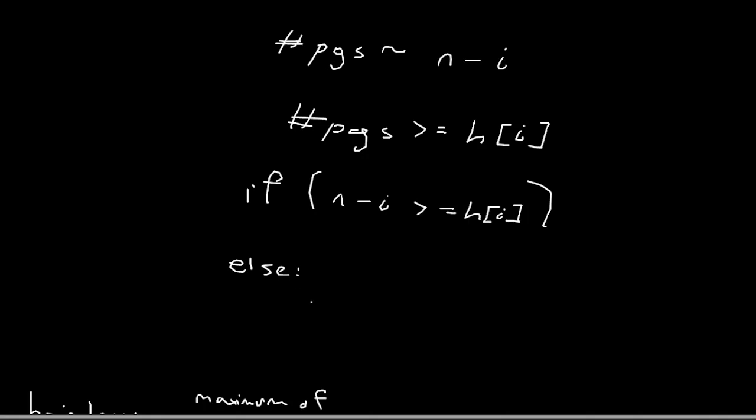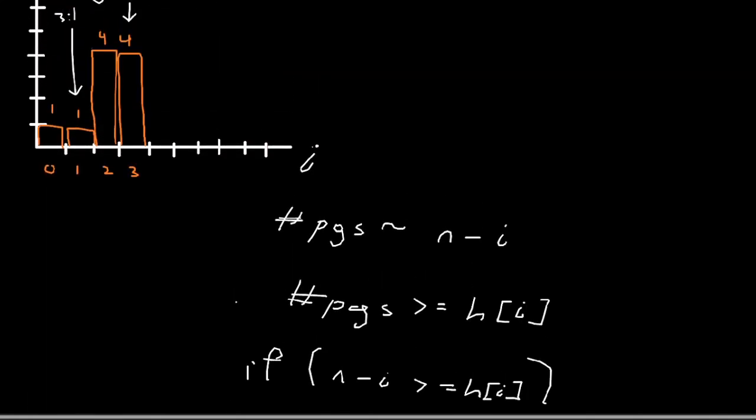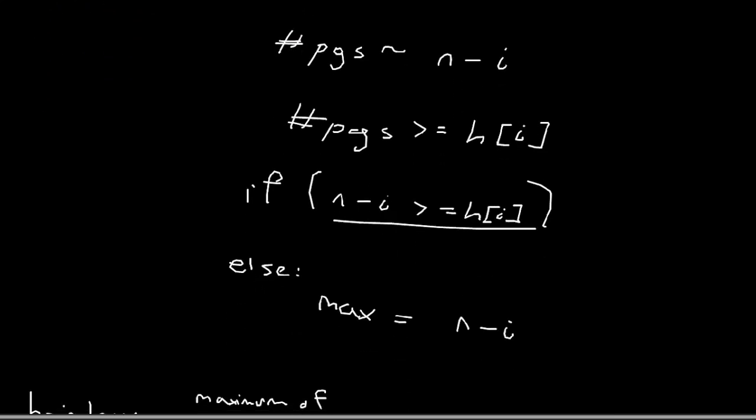Well, then our H value, max H value, is going to be equal to n minus i. It will be equal to the number of pages that we encounter so far. But the moment we encounter this right here, then we know we're not going to encounter any possible higher H value from there.